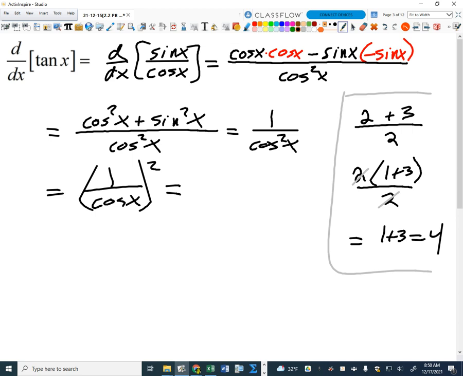Secant. So that's just secant squared x. So we have a new rule: the derivative of tangent x is equal to secant squared x.